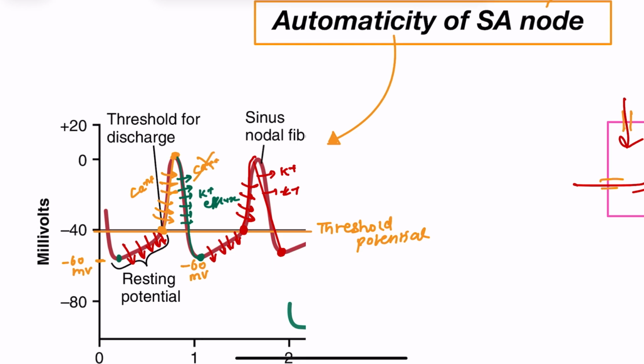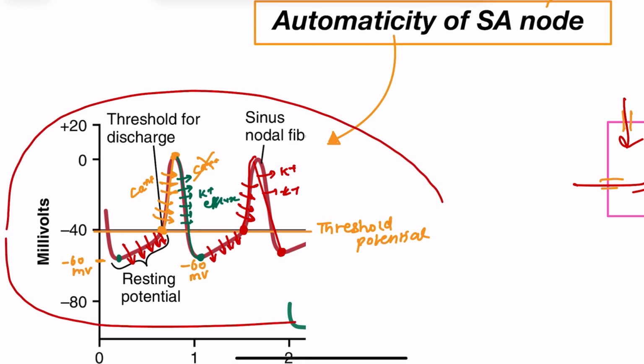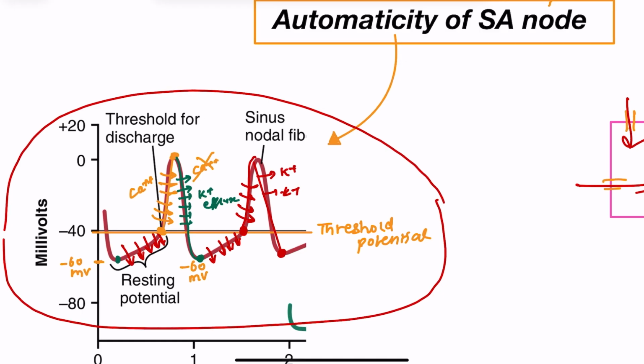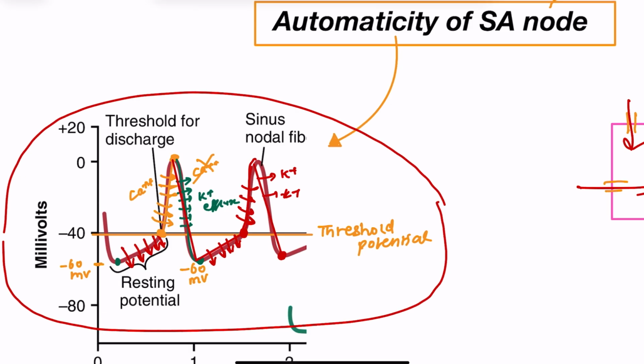In this whole electrical activity, one thing we can notice is that there is no actual resting membrane potential in SA node, and there is no involvement of any external stimulus. It is itself getting hyperpolarized, depolarized, the action potential is developing, again repolarization is happening.